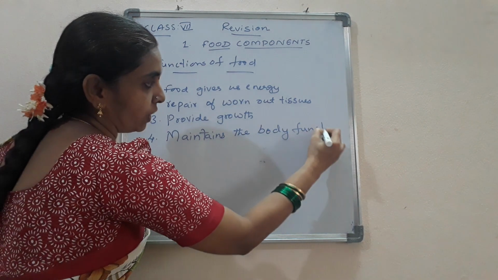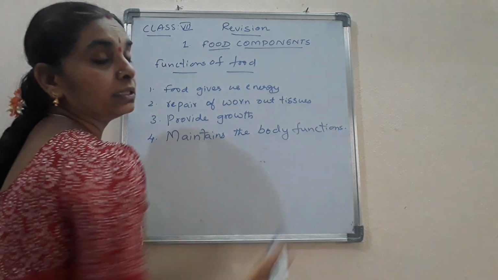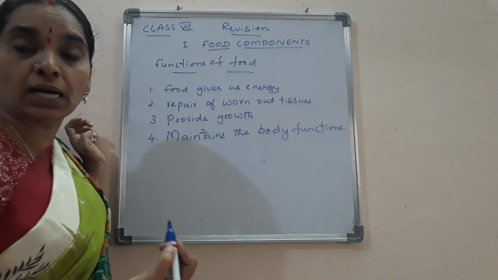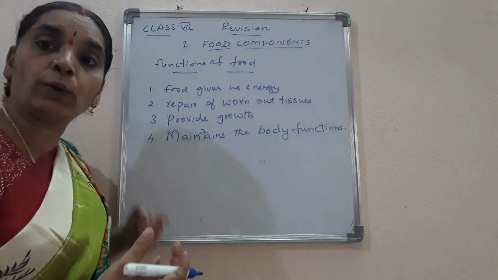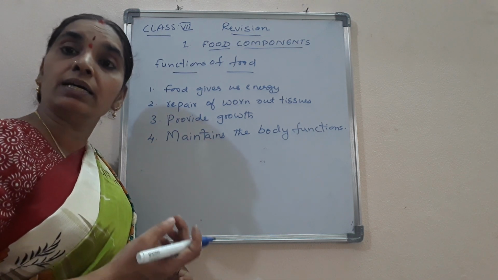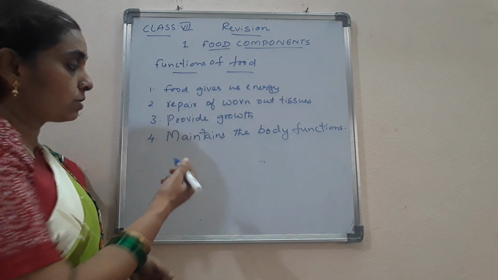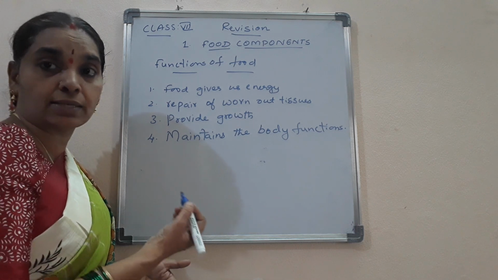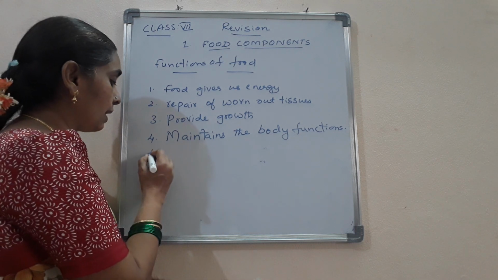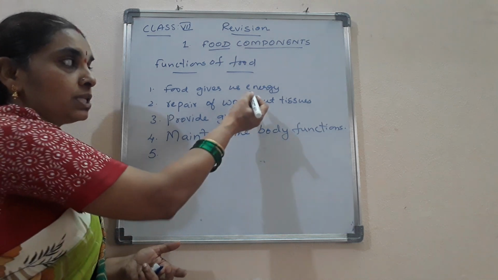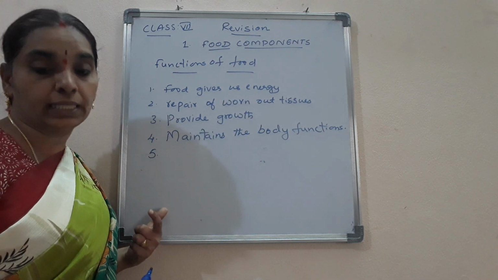What are the various body functions that the food helps to do in our body? They are the various metabolic activities like ingestion, respiration, digestion, and excretion. These are the metabolic activities carried out by the energy that is produced by the food intake.